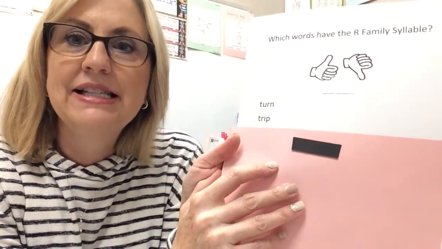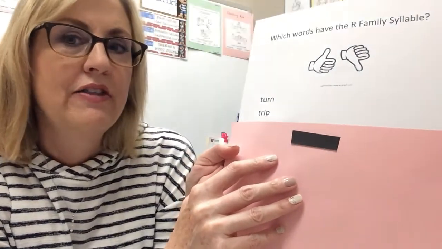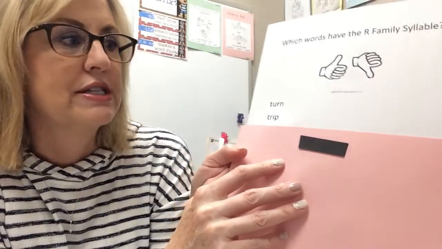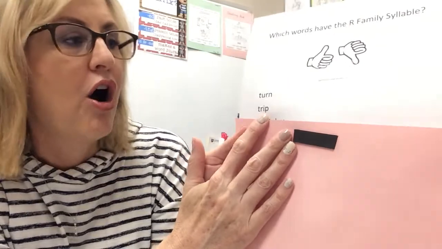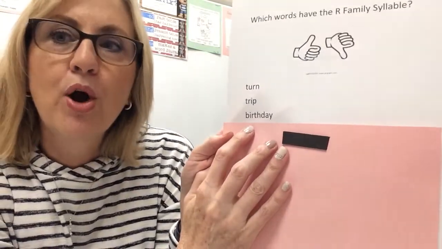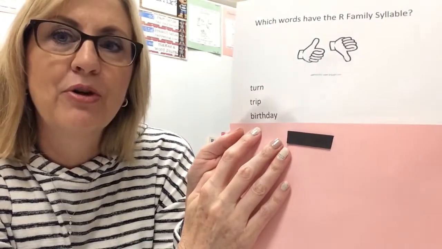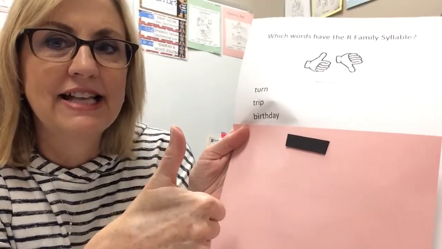Trip, does that have an R family, which means an R with a vowel that makes an R sound? And that would be thumbs down. Trip does not have the R with the vowel sound. What about birthday? Thumb up or thumb down? Is that an R family word? Yes, it has the ER.